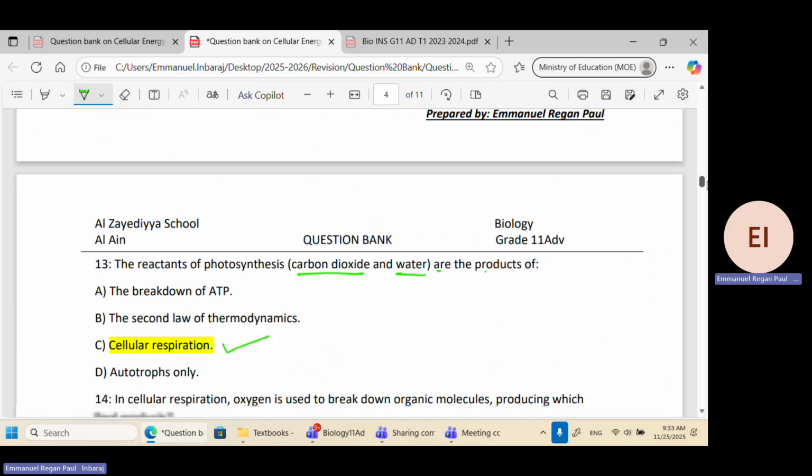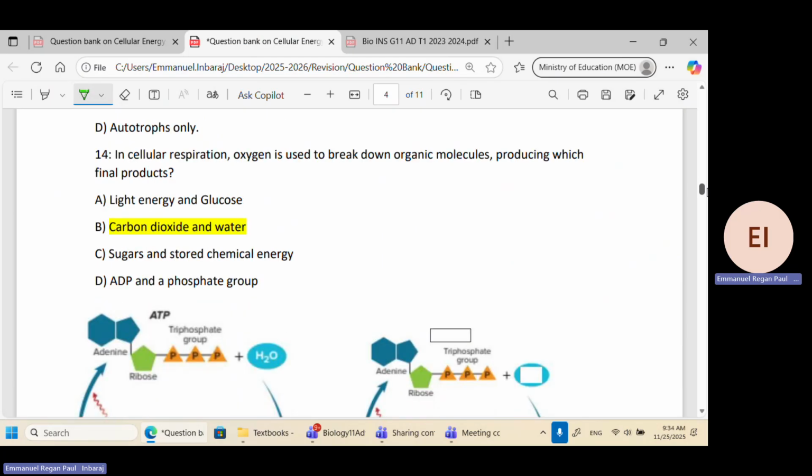All right. Next question. In cellular respiration, oxygen is used to break down organic molecules, producing the final product. So what is the final product? Carbon dioxide and water. So where is that here?